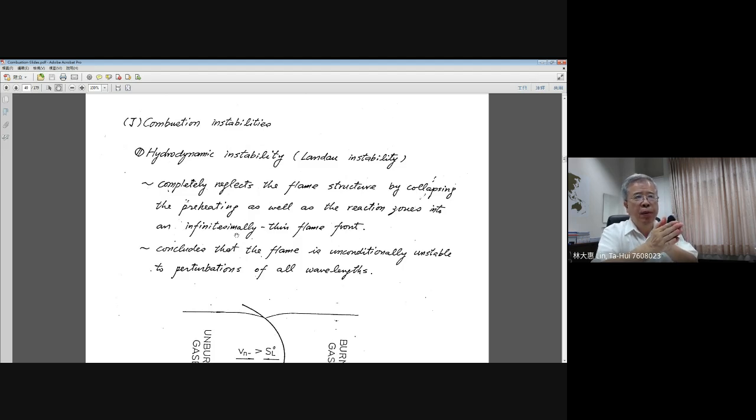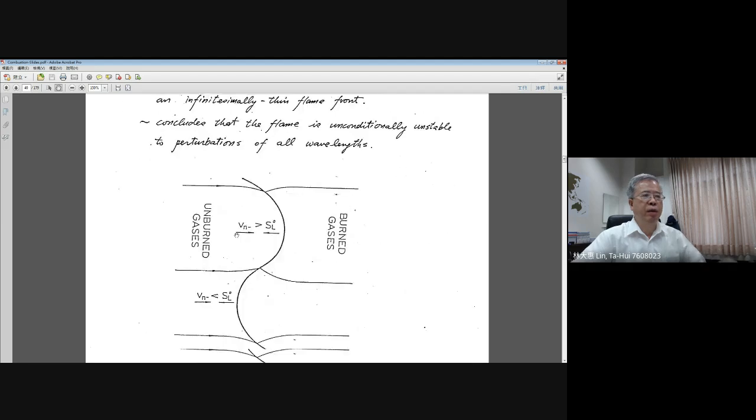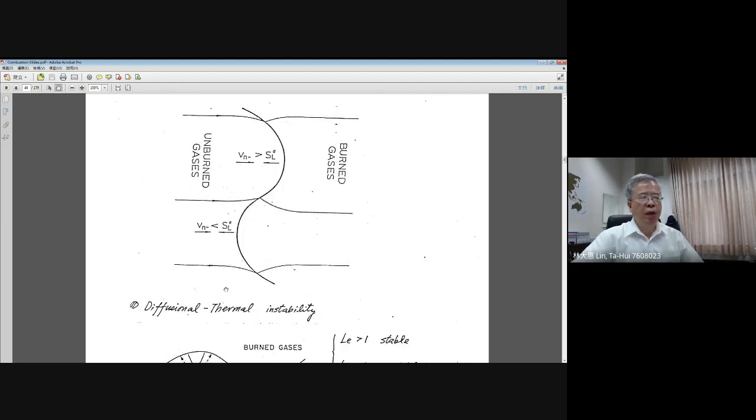This is the main point. Later on, we will go deeper by introducing the so-called thermal diffusion instability. This will be the next part, and we try to emphasize the important influence coming from the Lewis number on flame instability.